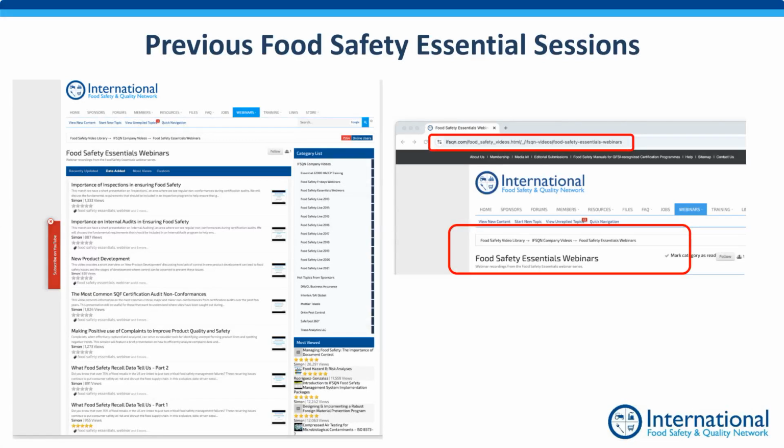We've looked at the importance of inspections or good practice audits. We've looked at internal auditing. We've looked at new product development. We've looked at the most common SQF certification audit non-conformances and making positive use of complaints.